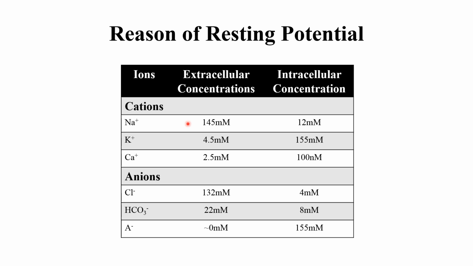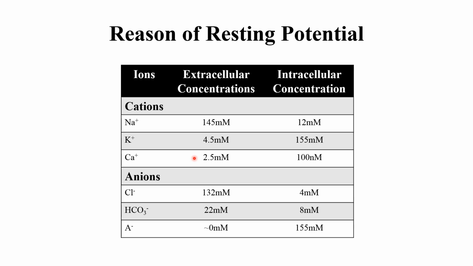For example, along an epithelial cell, muscle cell, or nerve cell, among the cations, sodium ions are 145 millimole in extracellular material, but 12 millimole in intracellular fluid, that is the cytoplasm.